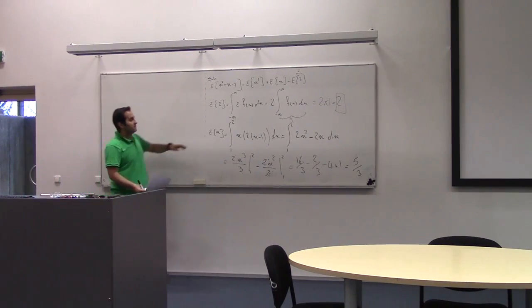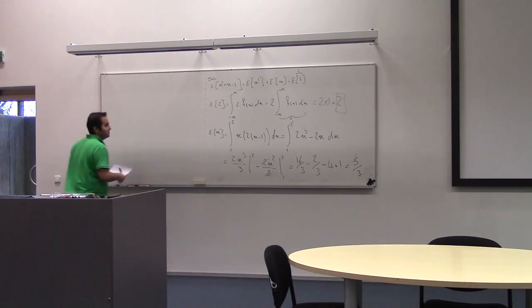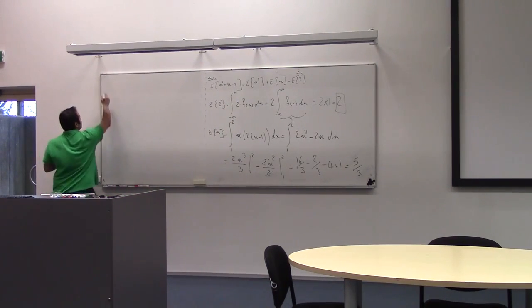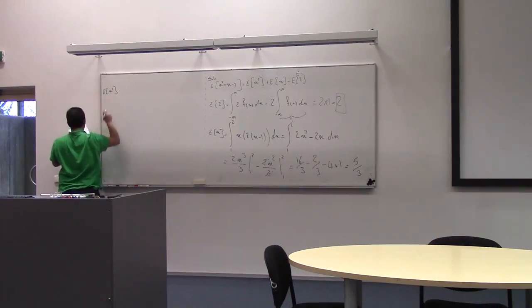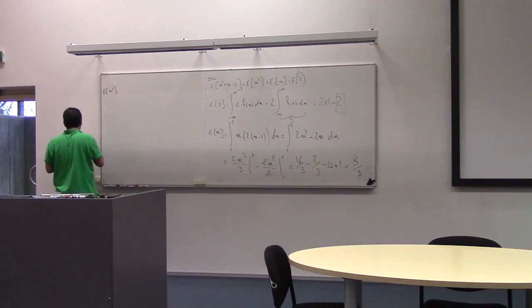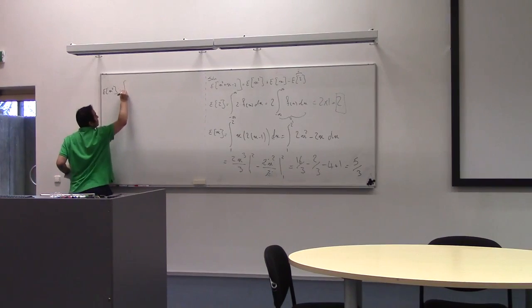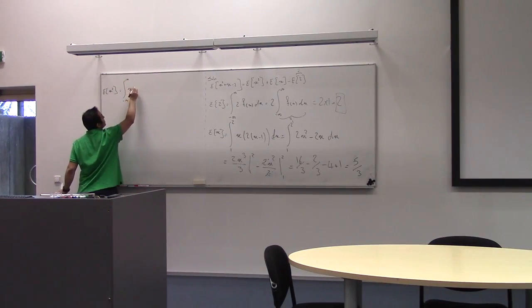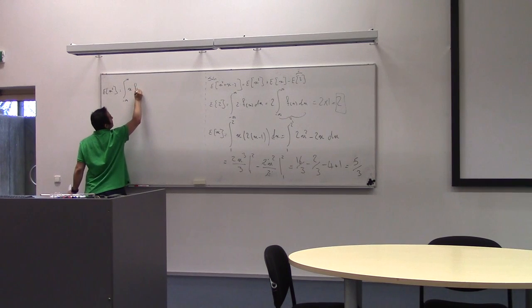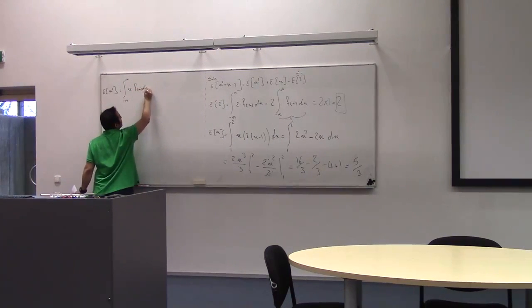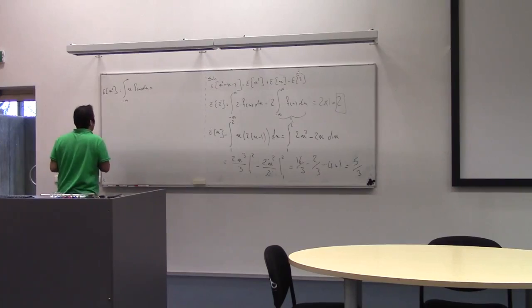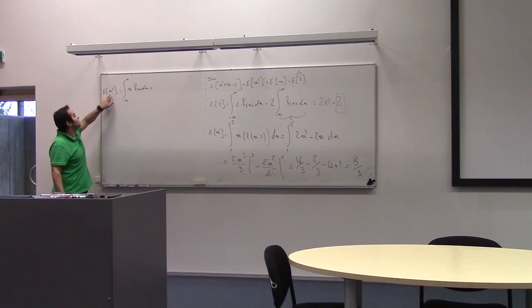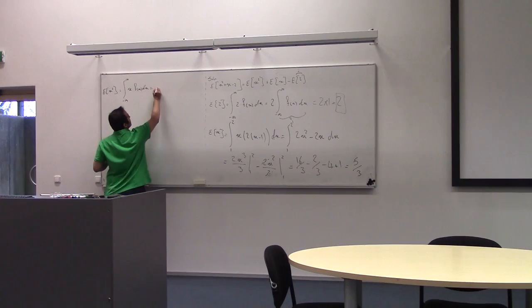For this part, similar to this, we have to find the expected value of x squared. We know that to find the expected value, we have this equation: x f(x) dx, and in this case, x is equal to x to the power 2.